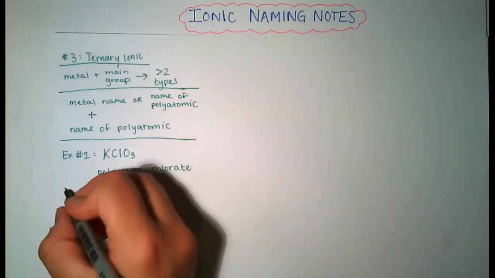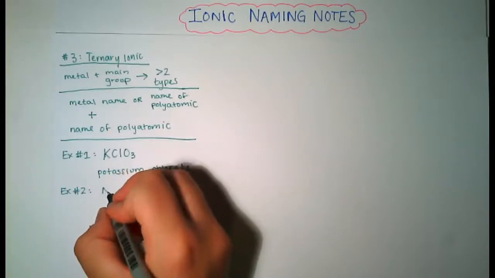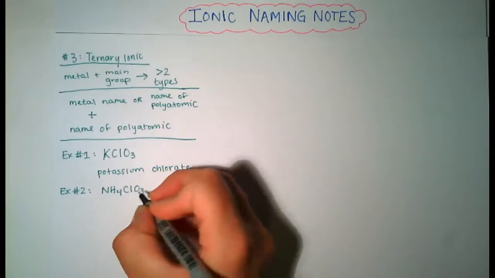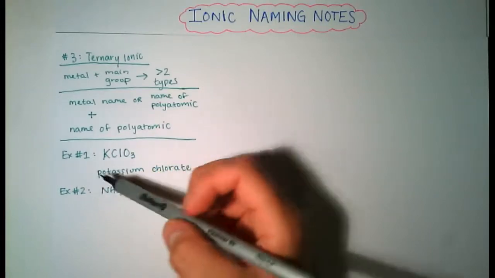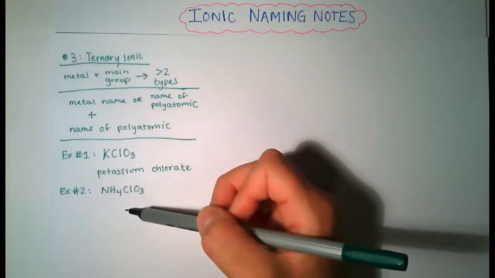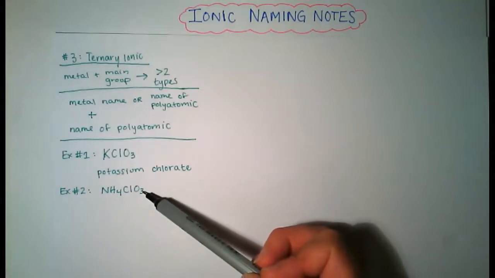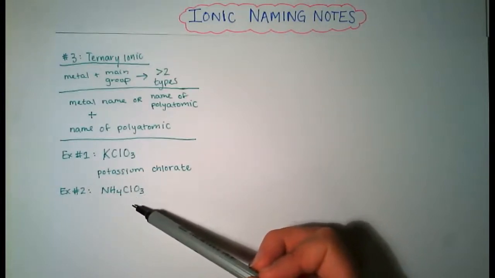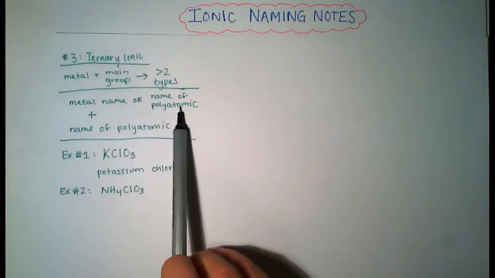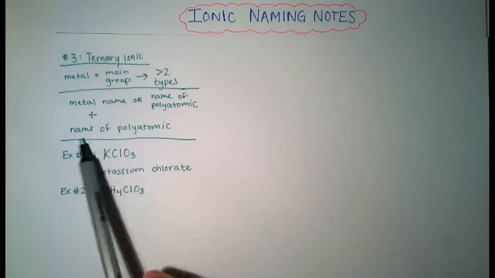And then one more example. We have NH4ClO3. So here we actually have 2 polyatomic ions. We have NH4, which is a polyatomic cation, meaning it has a positive charge, and we have once again the chlorate ion, which has a negative charge. So here, this is where we have first a name of the polyatomic, and then also just connected to the other name of the polyatomic.